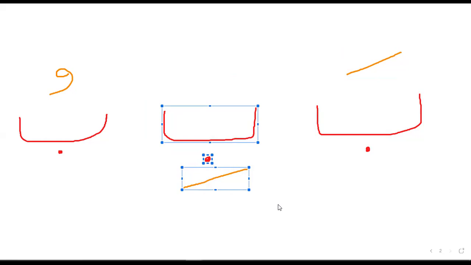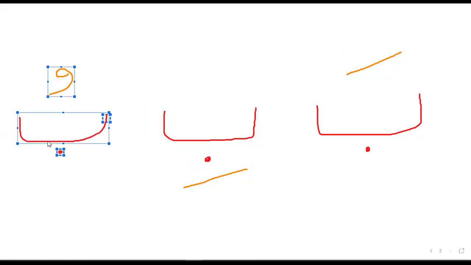Ba Kasra bi, the sound is dropping. And the third one is ba Dhamma bu. The sound is moving in a circle. Our lips make a ring when we read bu, okay? This is how we read Fatha, Kasra, and Dhamma.